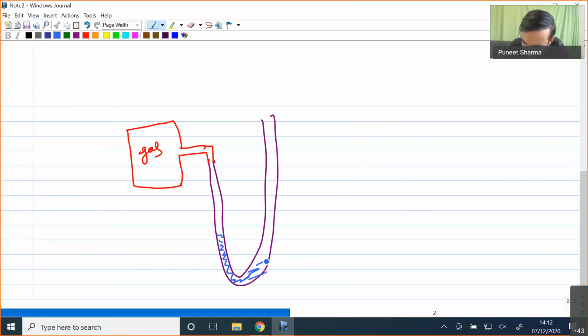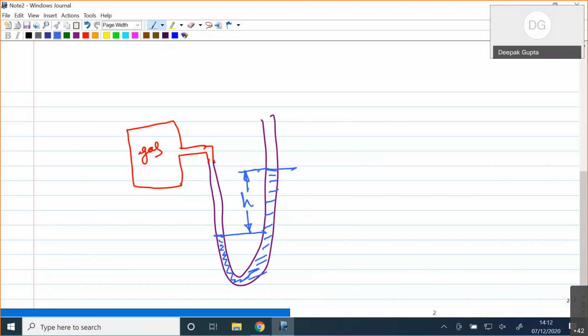Sir, I want to ask, suppose we have a container in which there is gas, and we use a U tube manometer filled with mercury to measure the pressure of that gas. Then we connect it to the container and get some height difference.